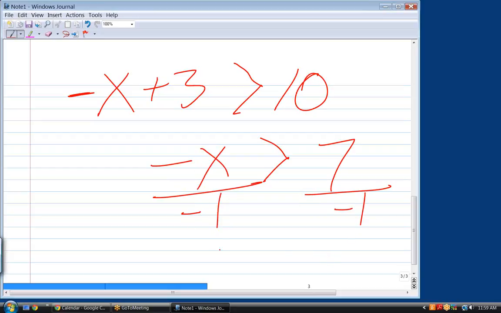Okay, well, that leaves me with x over here. But because I divided by a negative number, I got to turn that inequality the other way. And on the right side, I still have minus 7. So that's how you solve an inequality if you have to divide or multiply either side or both sides by a negative number. That's the only difference. Every other situation, you solve it exactly the same way as you do an equation.